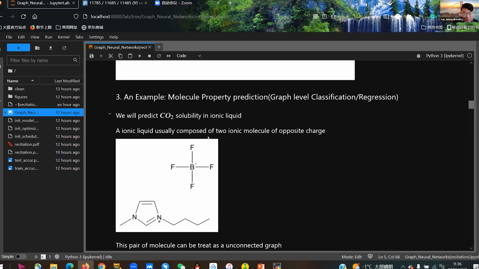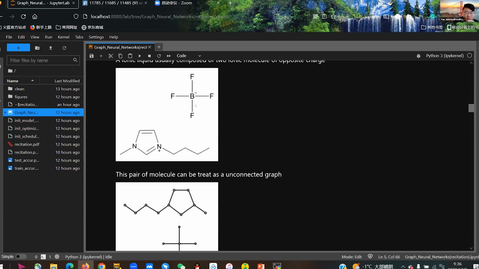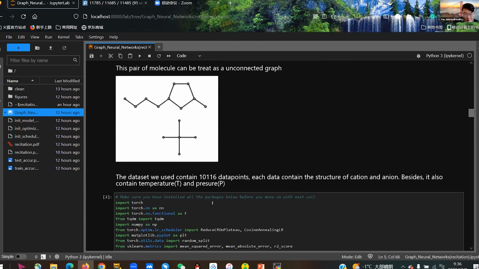One ionic liquid is composed of 2 ionic molecules of different charge, which are cations and anions. And we can abstract it to a graph. And this graph will represent a single data point.